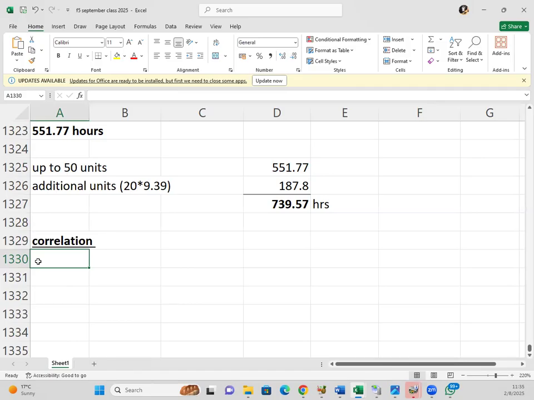So there is need to determine, is there a relationship between these two variables?